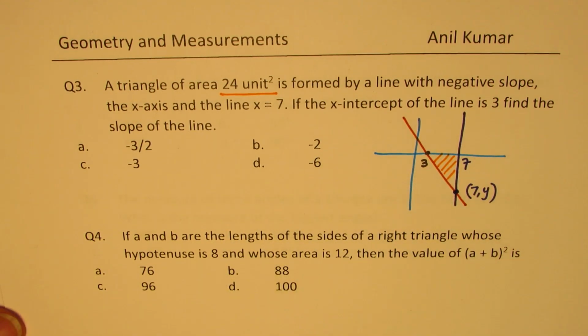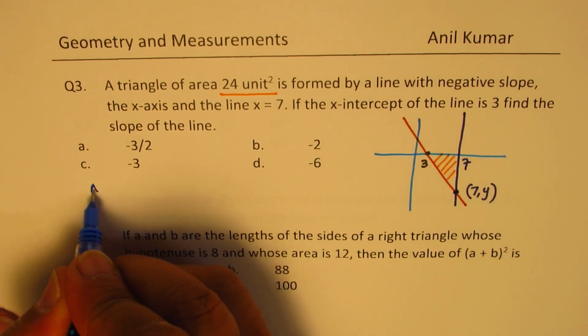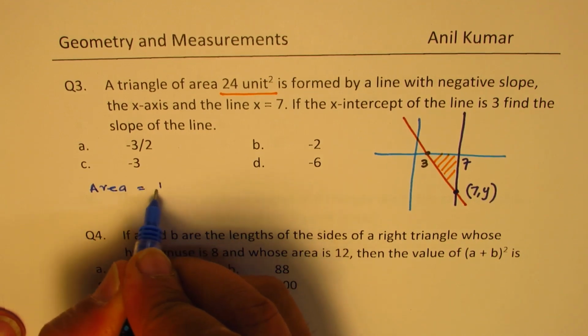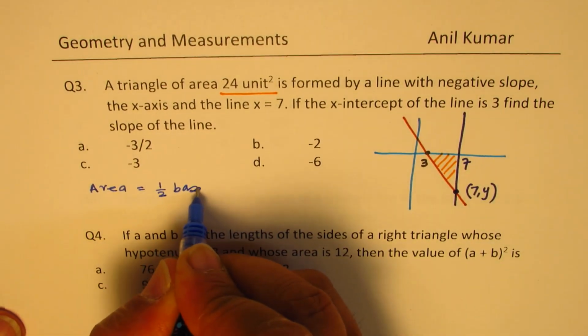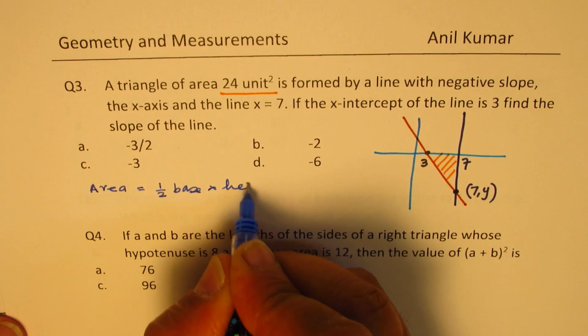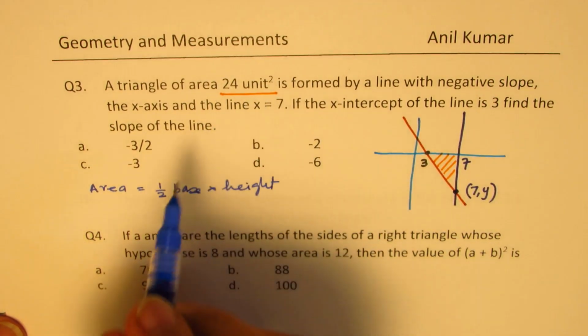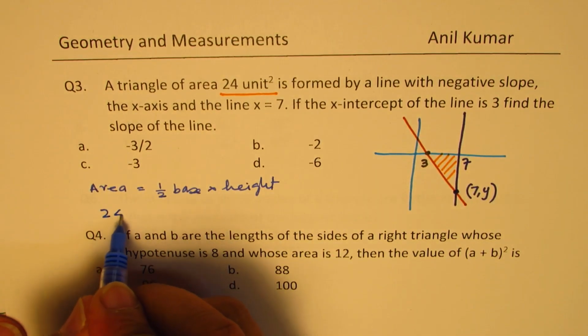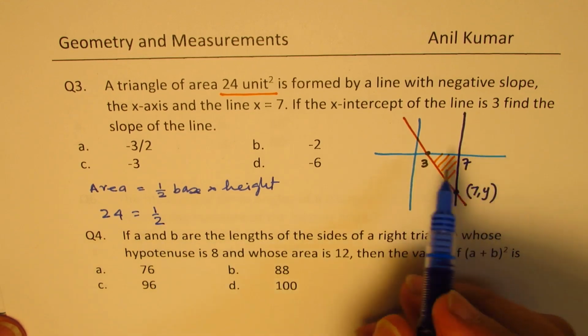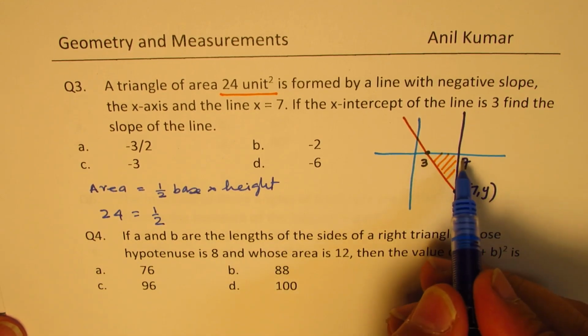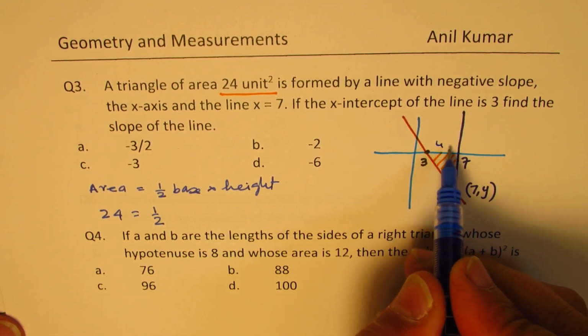So let's work with the area. Area of a triangle is half of base times height. In this case, area is 24, half of base, so this side is 7 minus 3, which is 4 units, right?